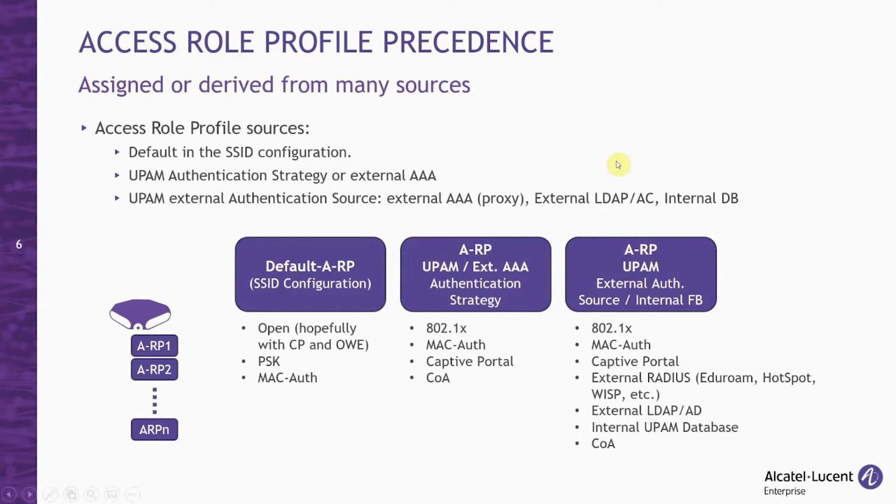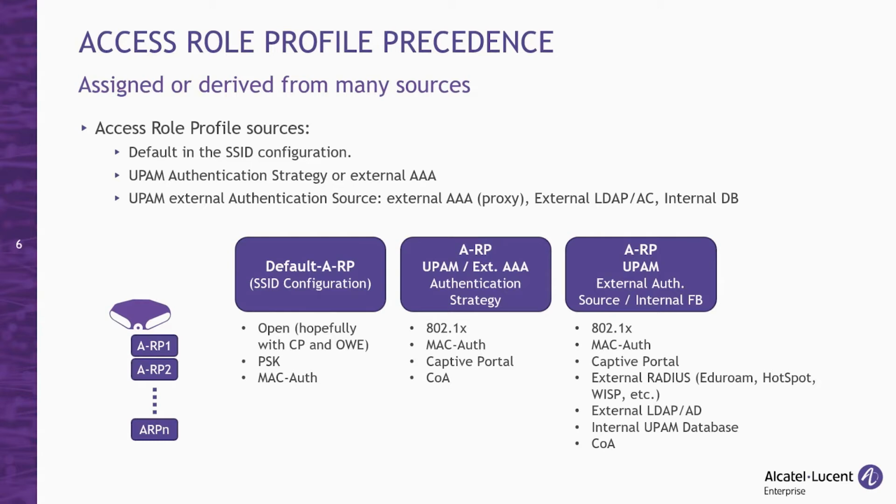And the highest precedence uses more extensive authentication parameters through the internal UPAM database or through external LDAP Active Directory or other external RADIUS services, such as eduroam for educational institutions, hotspot, Wi-Fi upload, etc.